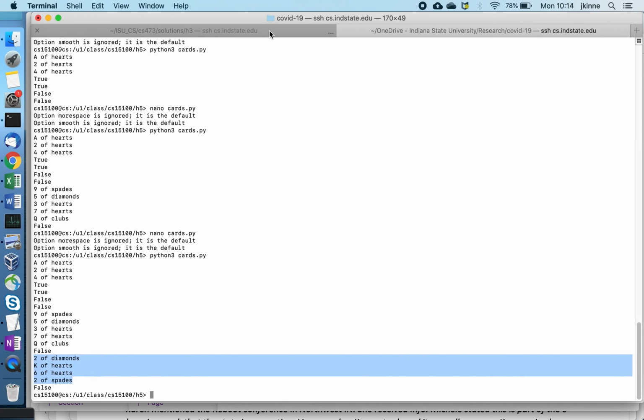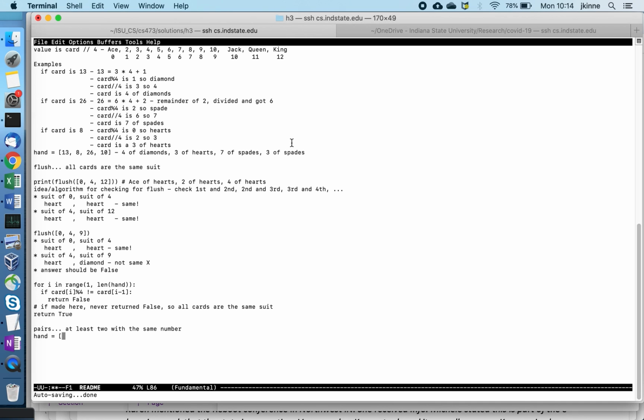Okay, so if I believe that the code is working there, if I have these cards, my idea is I want to sort these.